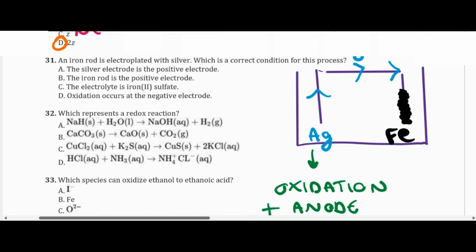So then, can we answer the question? The silver electrode is the positive electrode. Yes, it is. So electrons will always be moving from the anode to the cathode. The only difference is the charges of the anode and cathode in an electrolytic cell and in a voltaic cell.